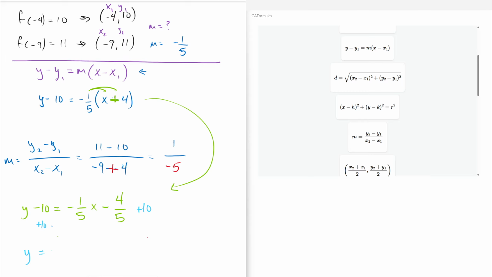So y equals -1/5 x. This stuff over here, 10 is technically over 1. In order to make these the same, we're going to multiply by 5. So we really have 50 over 5 minus 4 over 5, which will get us 46 over 5. That's positive, so plus 46 over 5.